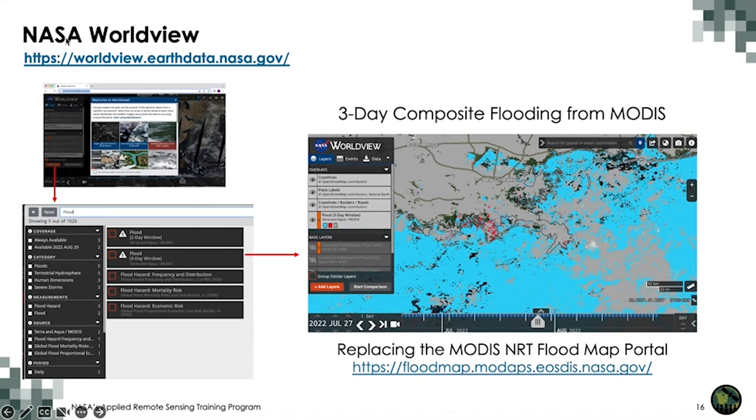So let's briefly look at how we can see MODIS-based flood maps from Worldview. And as we've talked in earlier trainings, MODIS uses optical reflectances to detect water when it comes over dry surface. So that change is detected, and that's how flood is mapped.